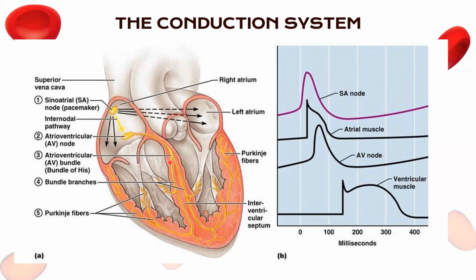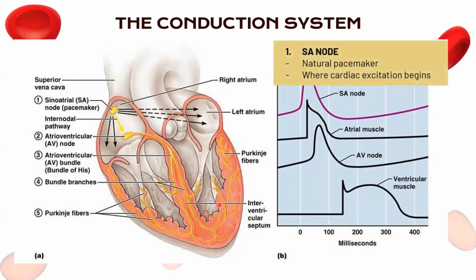Then there is spread to your atrioventricular bundle of His, then towards the bundle branches on the right and left, then to your Purkinje fibers. This is the spread of the action potential. Starting with SA, A is the last letter, atrial muscle; AV node, V is the last letter; then going to your bundle of His, then bundle branches and Purkinje fibers.